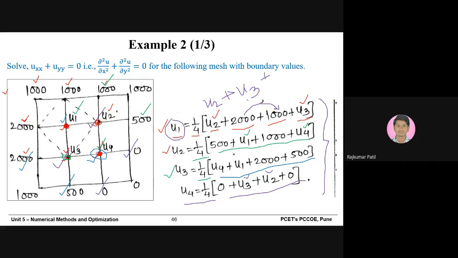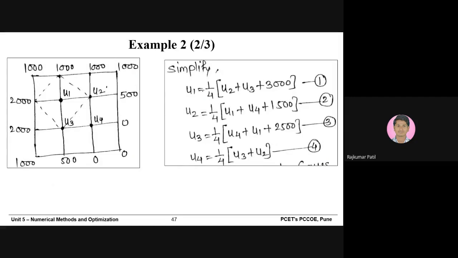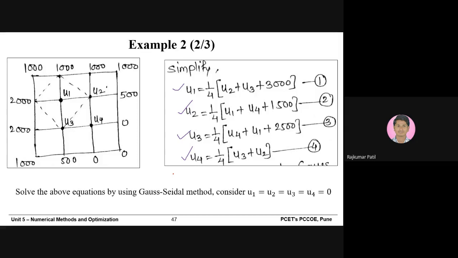So we can simplify this equation, and once you simplify it, you will be in a position to tackle this particular problem. So these are the simplified versions of the four equations, 1, 2, 3, 4. Now we will see what to do, and the important thing is that initially we need to assume a few values. So solve the above equations by using the Gauss-Seidel method.